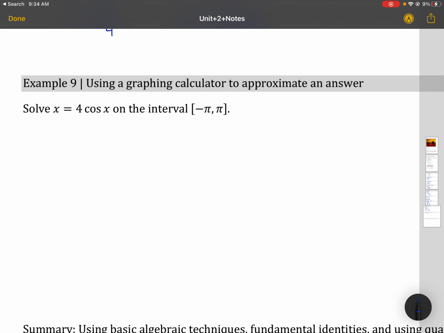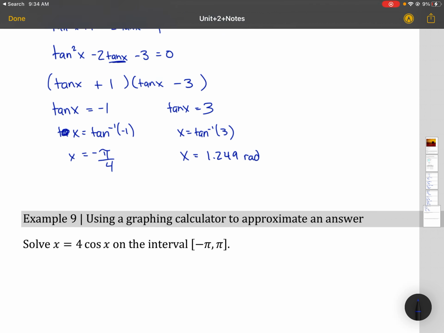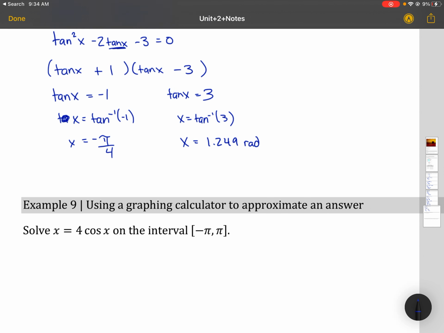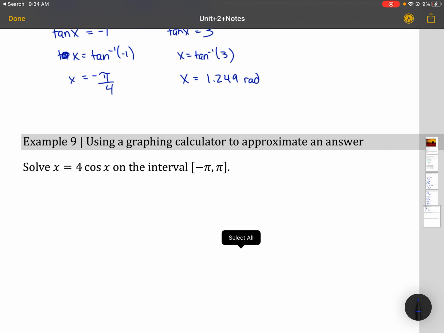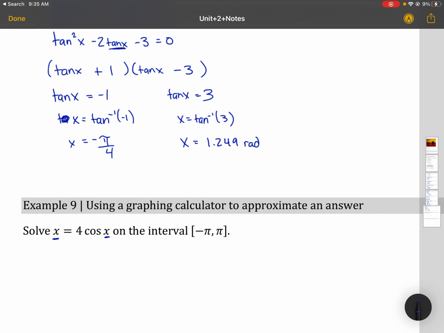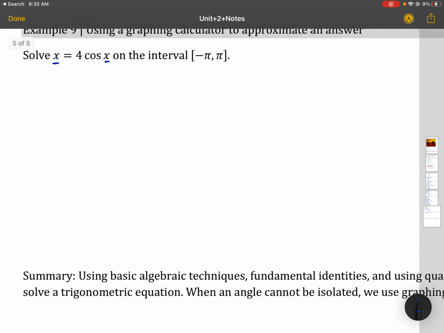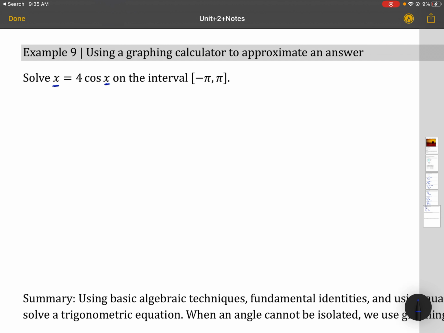All right, so the last example you can do on a TI graphing calculator, or I would recommend using Desmos. So we have x equals 4 cosine x. Now, on all of these other examples, we didn't have an x by itself in the equation. The x was the angle. In this case, x is both the angle right here for cosine, and it's out here by itself, which means you can't isolate the angle by doing the inverse trig stuff that we've done on all of these other examples.